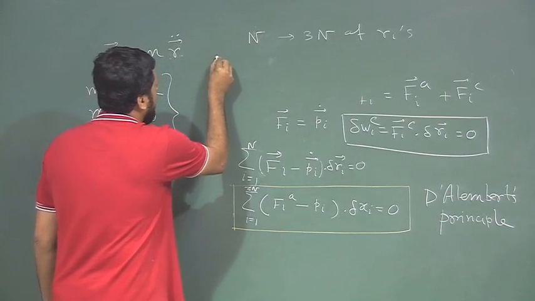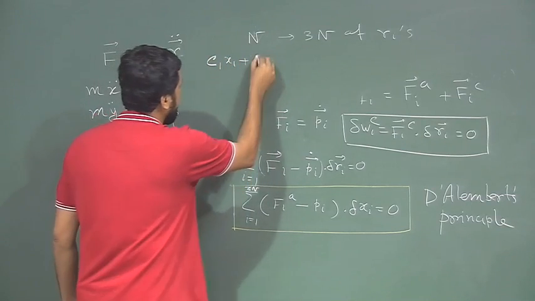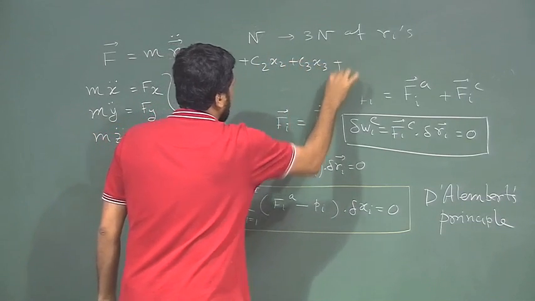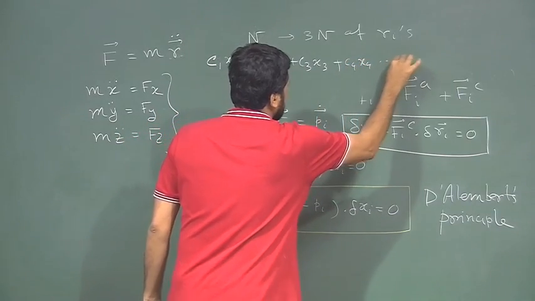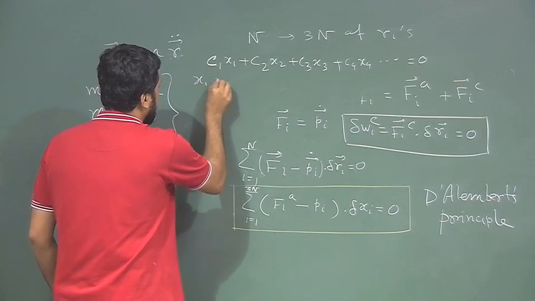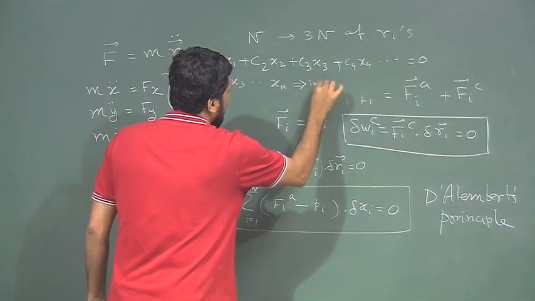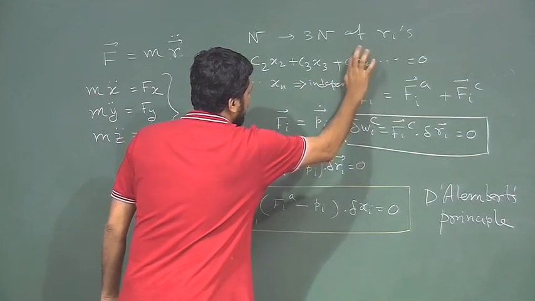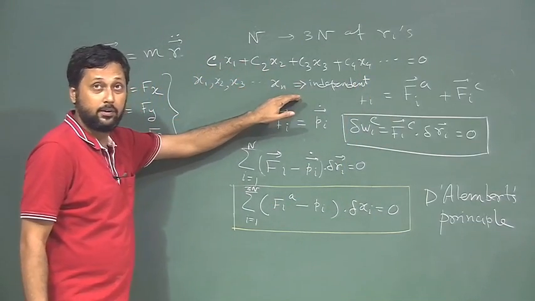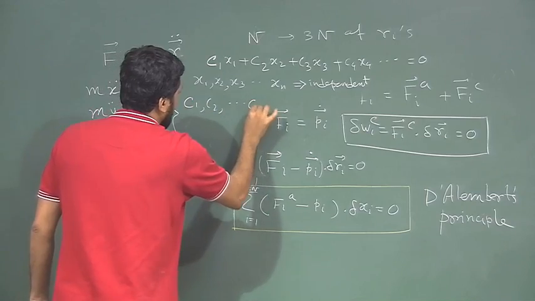Please recall that if you have a linear equation of the form C1 x1 plus C2 x2 plus C3 x3 plus C4 x4 equal to 0, only if x1, x2, x3 up to xn are all independent coordinates can you say this equation implies C1, C2, up to Cn equal to 0.